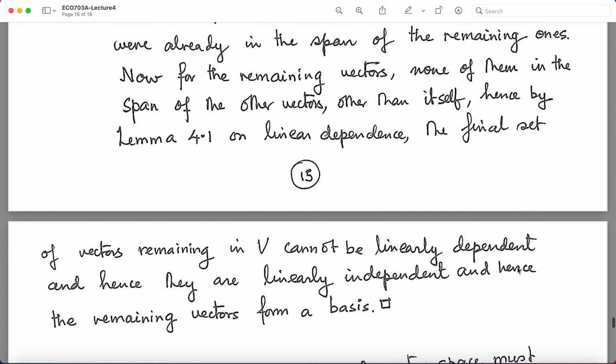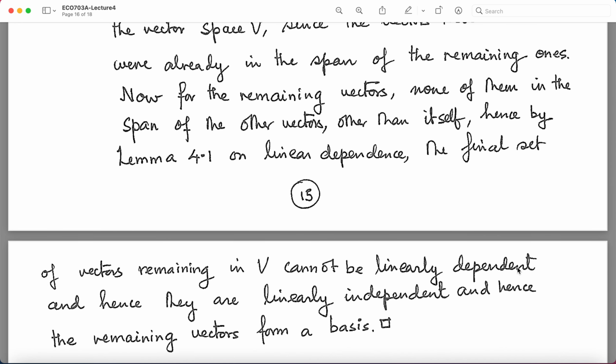So, which means that the given set cannot be linearly dependent, it has to be linearly independent. And since they also span the vector space, they form a basis.